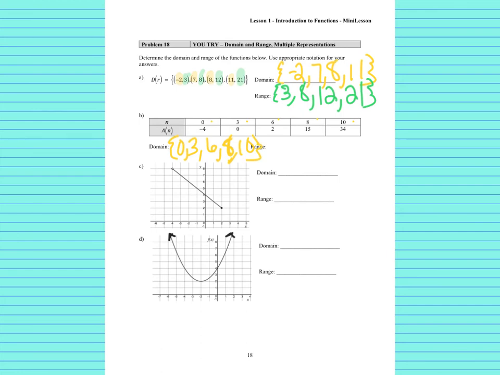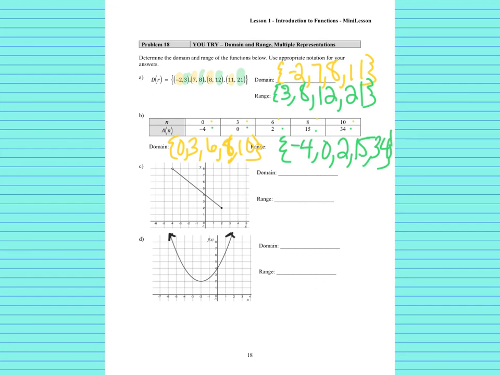And the range would be your Y values, so the bottom row of the table: -4, 0, 2, 15, 34. Again, still in order. So those would have just been sets of numbers written out with brackets.